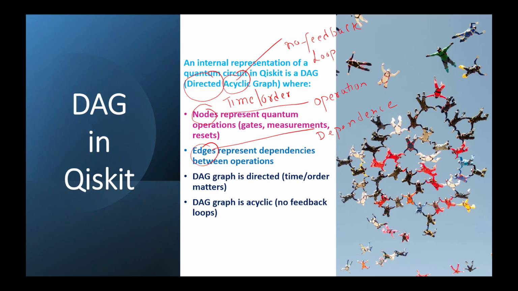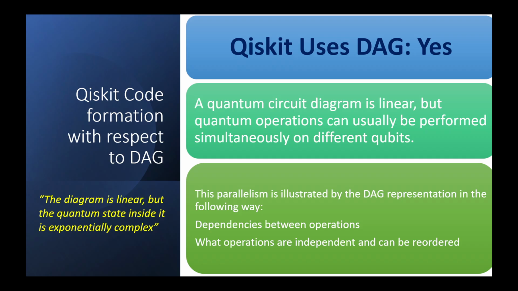Using this DAG graph we can visualize how a quantum circuit looks in a graphical way. First we use the Qiskit tool, and using Qiskit we can design a directed acyclic graph. Yes, it is possible using Qiskit.